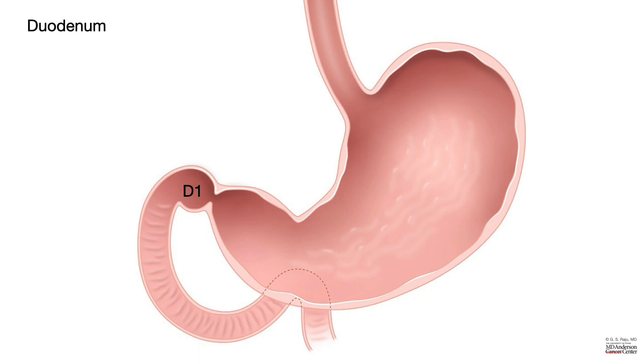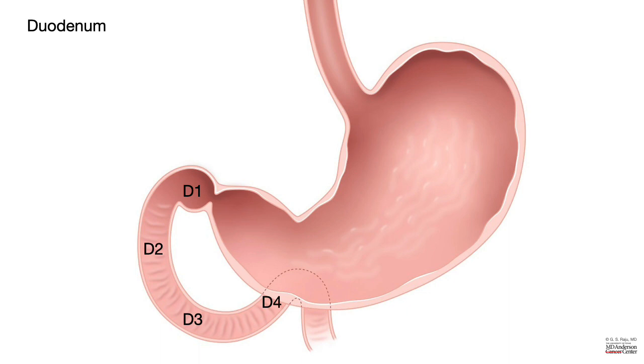And then when you enter the second portion of the duodenum, you see circular folds, and into the second portion of the duodenum, otherwise known as D2, the bile duct and the pancreatic duct open, and you will see the ampulla. The third portion of the duodenum is known as D3, that crosses in front of the blood vessels and then winds up to D4.